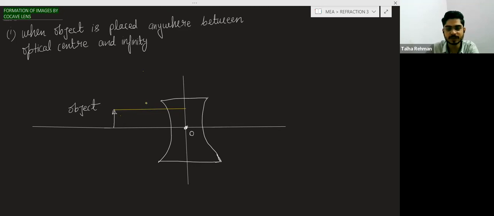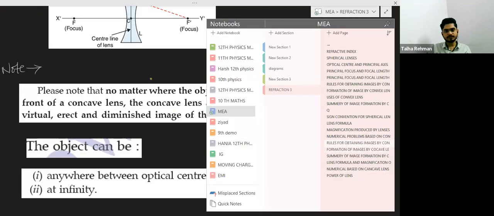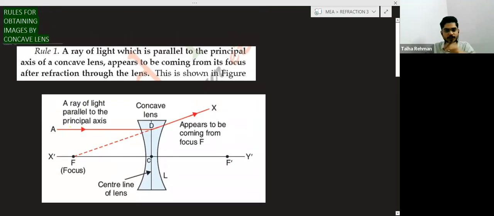So rule number one: a ray of light parallel to the principal axis will be refracted like this, and when you produce this refracted ray backward, it will meet at the focus. Okay, like this. This will be the case.